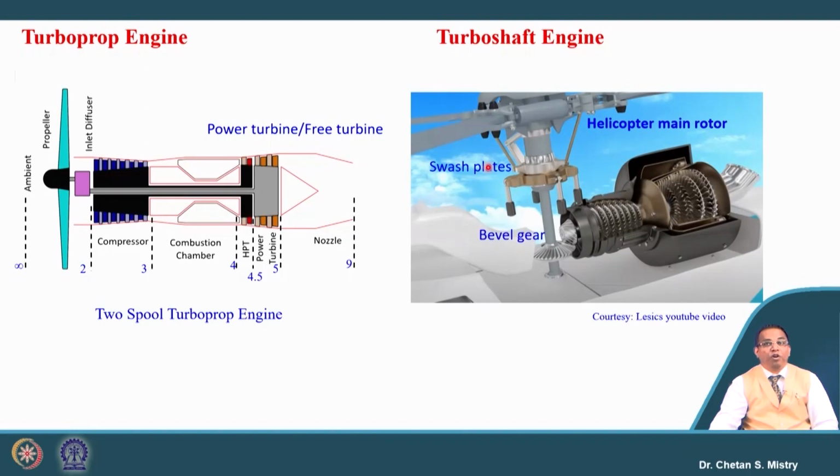These blades are aerofoil blades, and the purpose is similar here, that is to generate lift. So, we are not focusing on thrust here; our requirement is for rotation, and by rotation we generate lift, which gives the vertical takeoff.